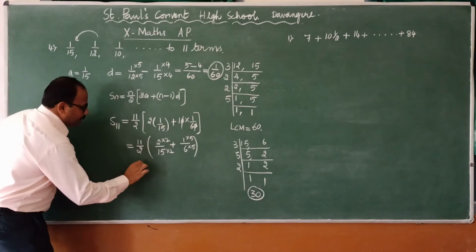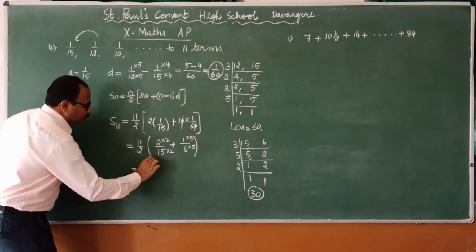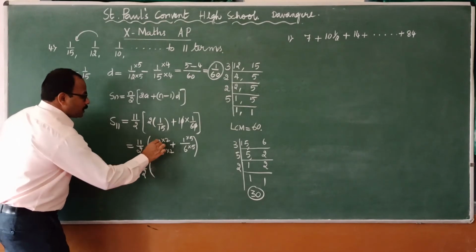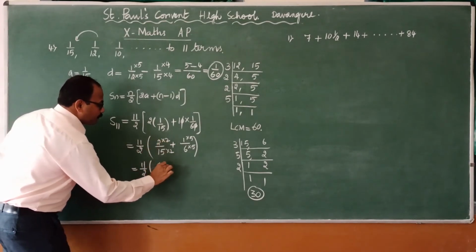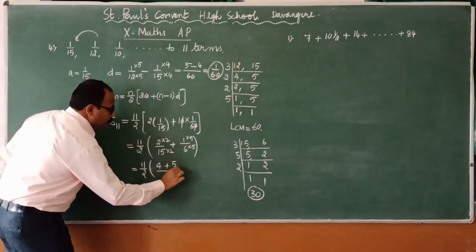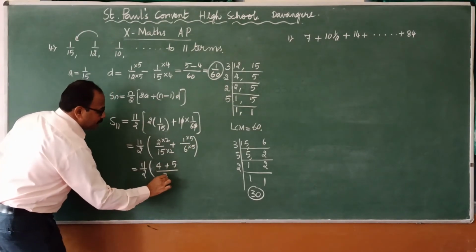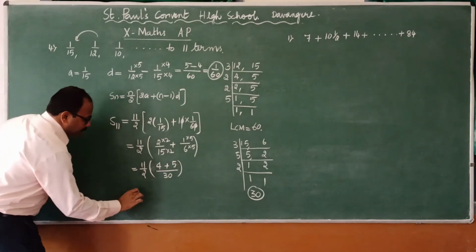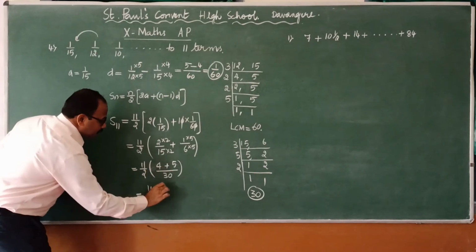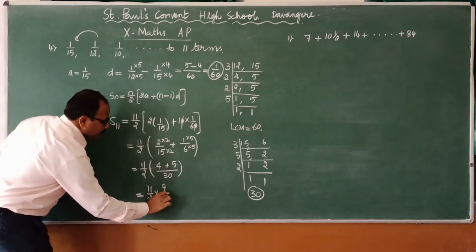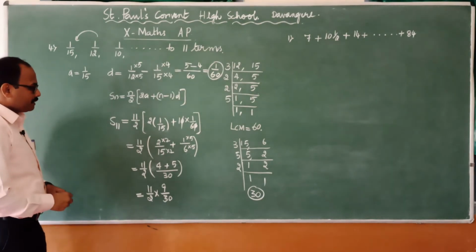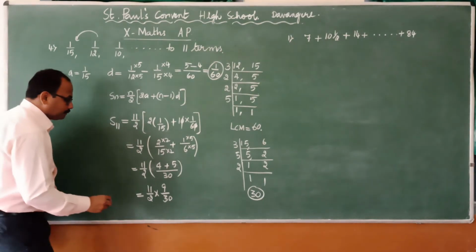This will become 11 by 2 into, 2 2s are 4 plus 1 5s are 5, by 30. This will be equal to 11 by 2 into 9 by 30. Again, this can be simplified further, children.